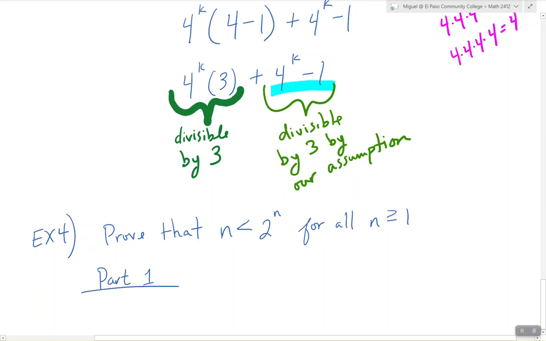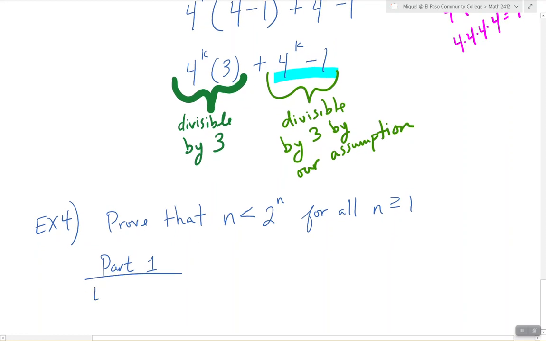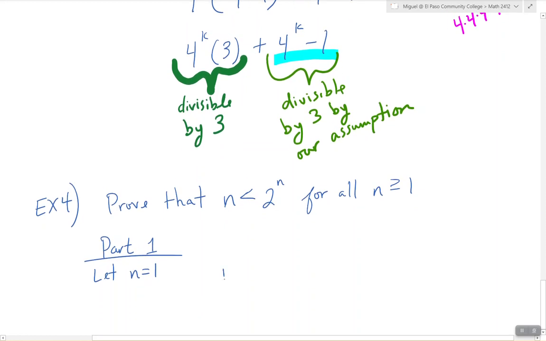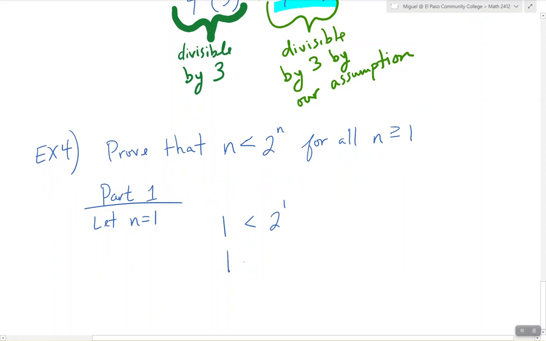The base case: if we let n equal 1, we will have 1 on the left and 2 to the 1 on the right. This would give us 1, and this is a question mark, right? 1 is less than 2 after computing it, and that is true. So the base case holds. That means we can do part 2, right?